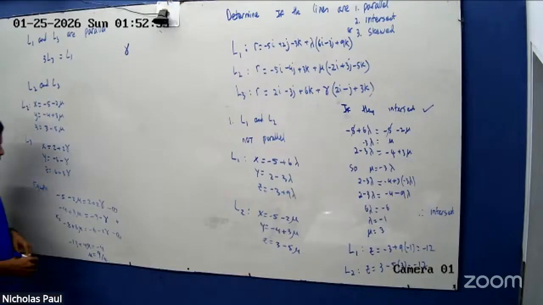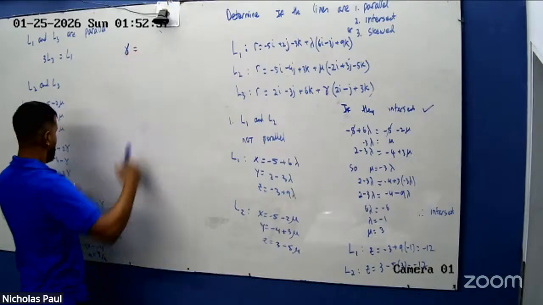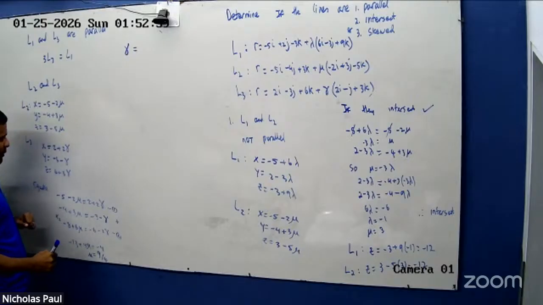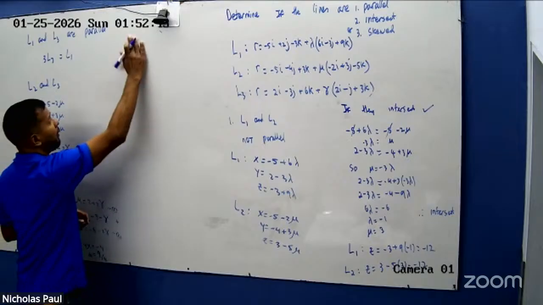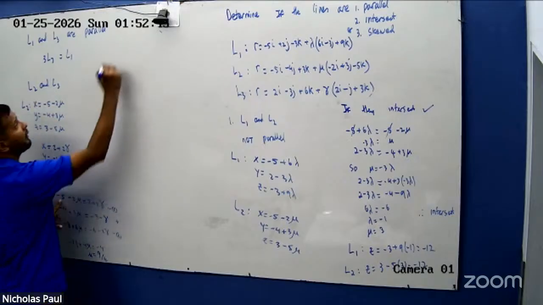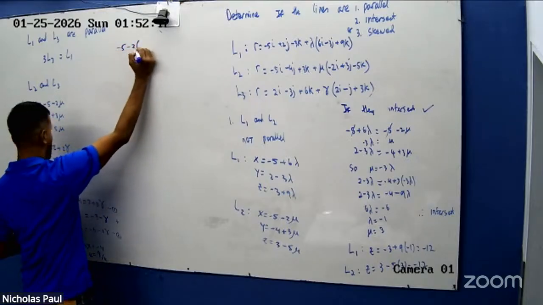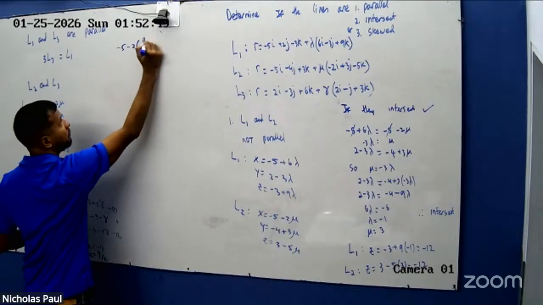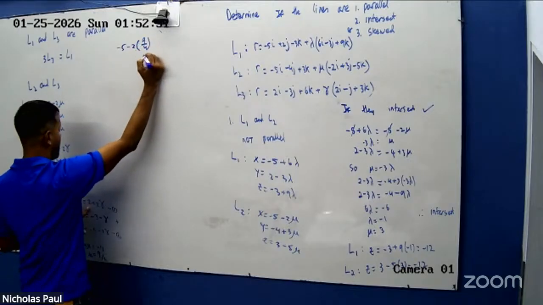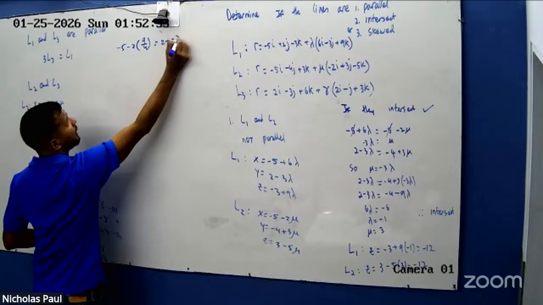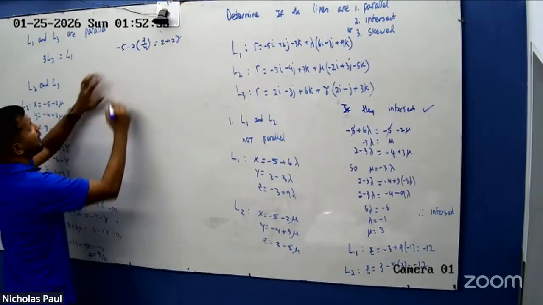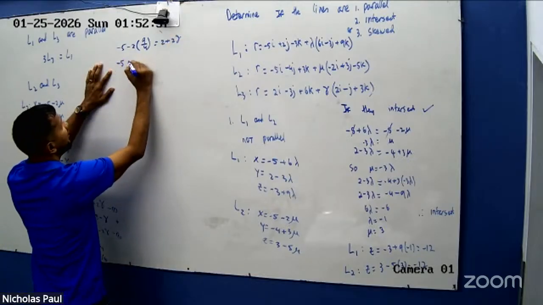Anyway, we'll work with that. And then when you solve for gamma, gamma is what? We're going to work out gamma properly. So that's minus 5 minus 2 by 9 on 4. 2 plus 2 gamma. So that's minus 5 minus 9 on 2.